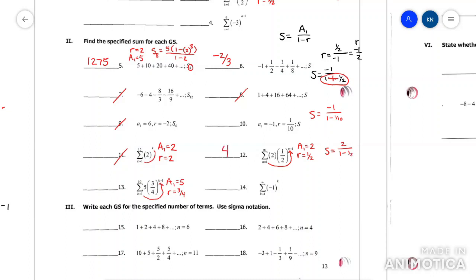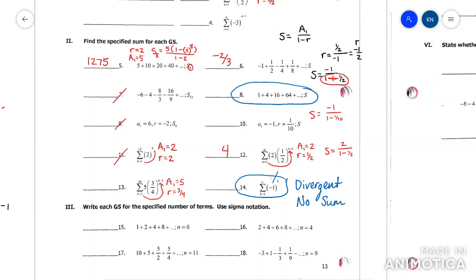All right, now I was just thinking about something. Look at number 8 and 14. These are what we call divergent. Means they don't have a sum. And the reason is because the rate is greater than 1.